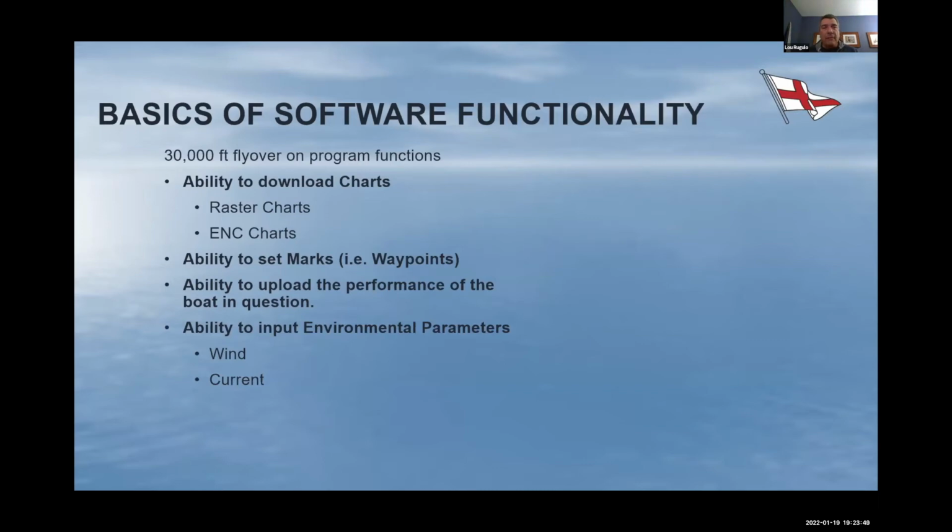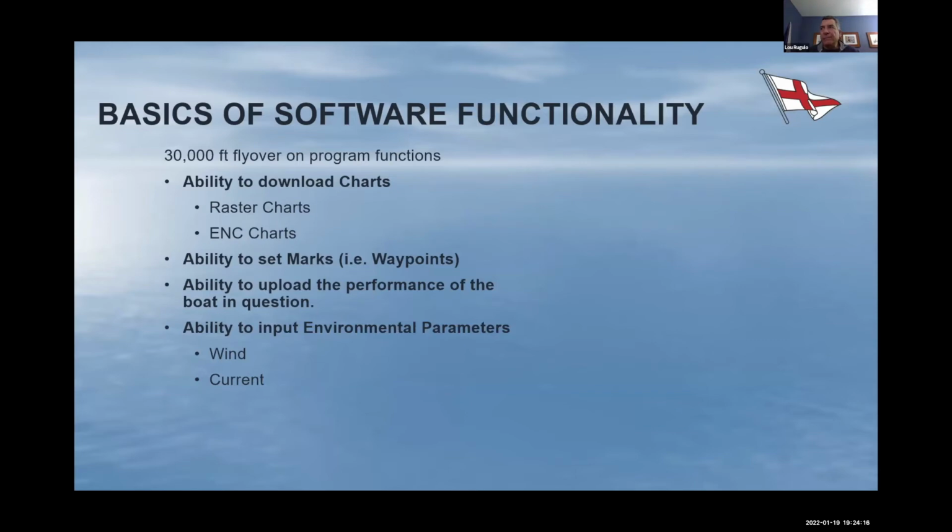You're going to have to tell this program the size of the boat, the type of the boat, and the performance of the boat, and you can get into all different levels of that. It'll have a sail plan, or a sail suite assumed, and you can check what sails it assumes you have and things like that. We'll talk a little bit about that in future sessions.